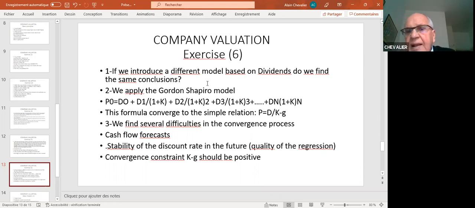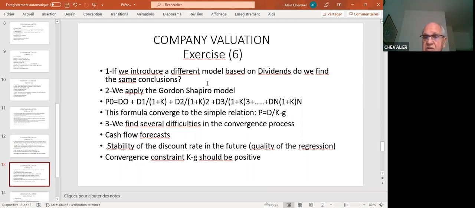You have already calculated the cost of equity through capital asset pricing model, but you don't know what will be the growth rate in the long run for the dividend policy. So you calculate G using P, D, and K in the above inverse model.